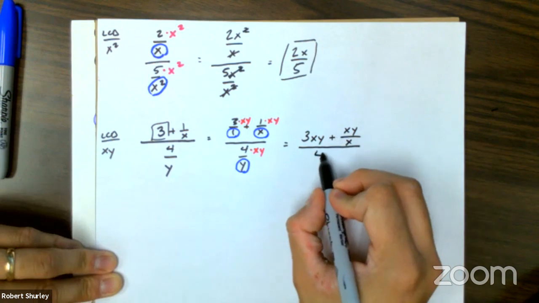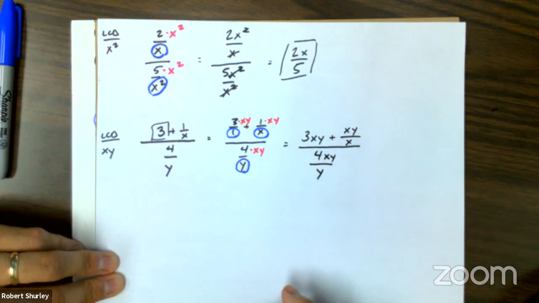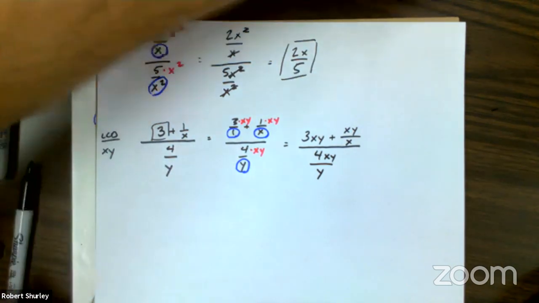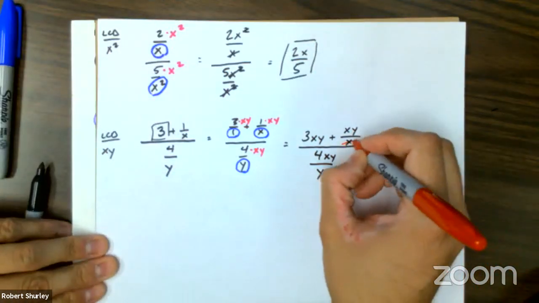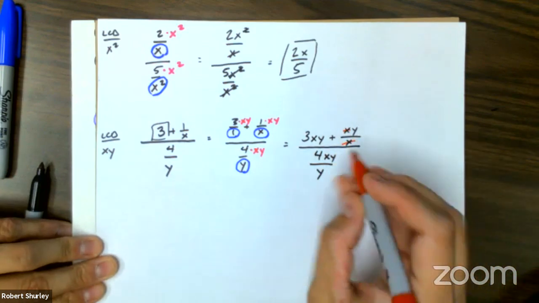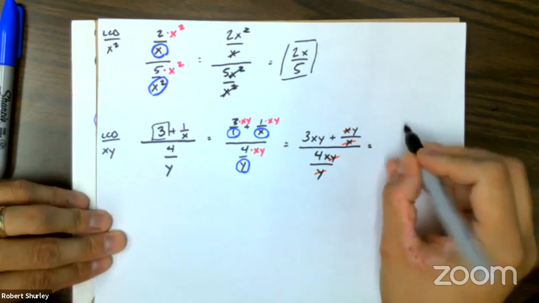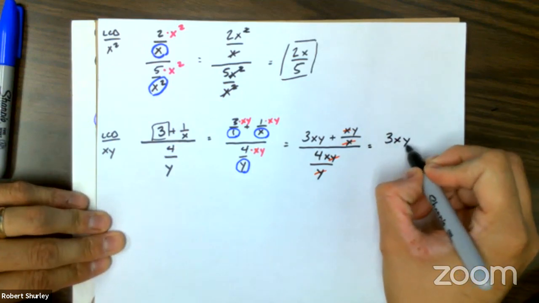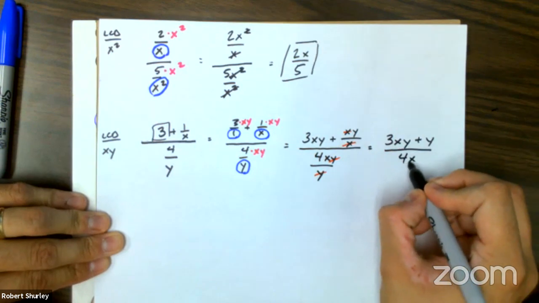The bottom fraction is going to be 4xy divided by y. And it happens. These denominators are going to cancel out with part of what we multiplied through. Okay? And that leaves us with 3xy plus y all over 4x.